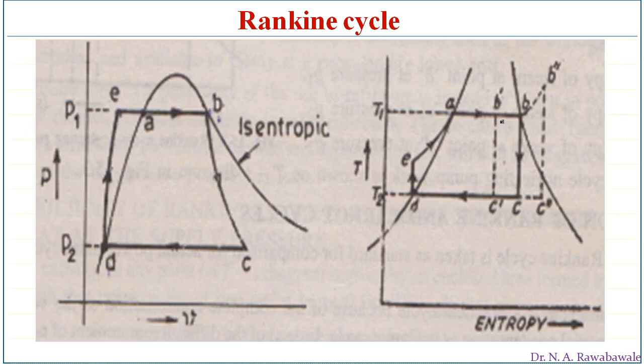So enthalpy of steam at point B minus enthalpy of water at E. So the heat supply process starts from point E. Initially sensible heat is added from point E to A, and latent heat of vaporization is added from A to B. So enthalpy at point B minus enthalpy at point E gives us the amount of heat energy supplied to the water in a boiler.